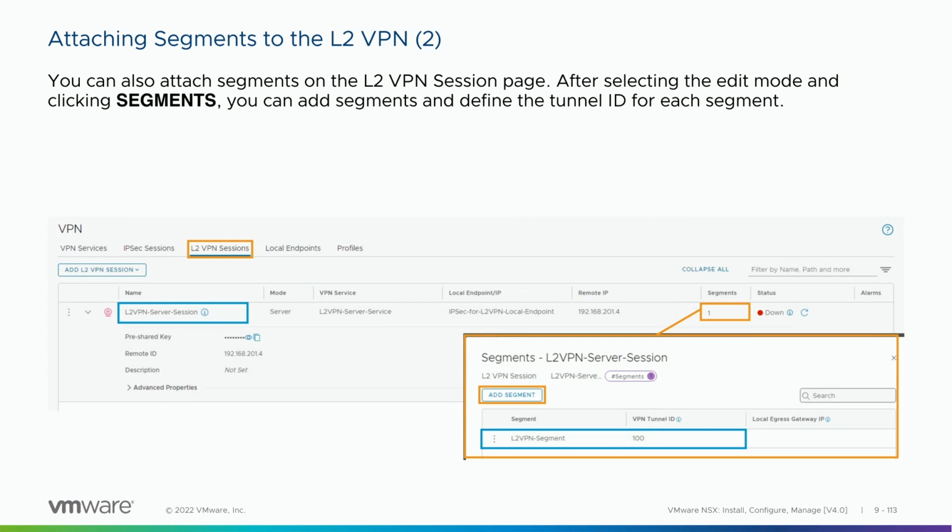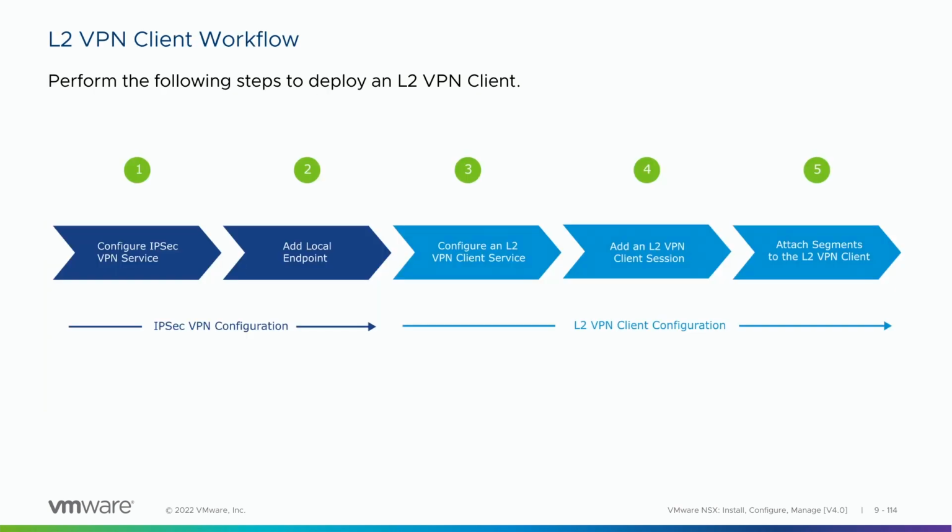I can drill into my segments like we're showing here, and I can set my segments on the L2 VPN service. So that's kind of handy. I don't have to go back and forth between my L2 VPN UI and my segments UI. I can do all my configuration from right here if that's going to make things a little more convenient.